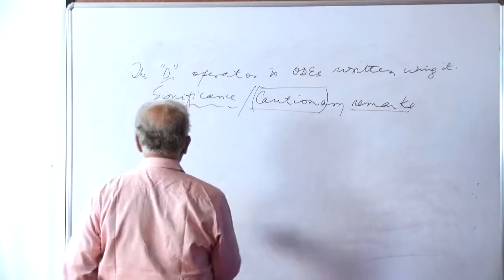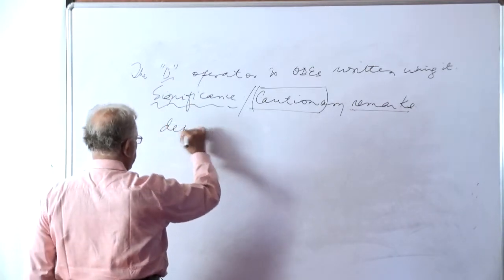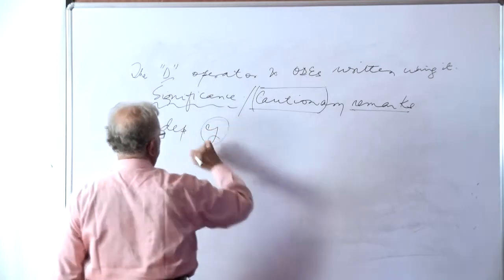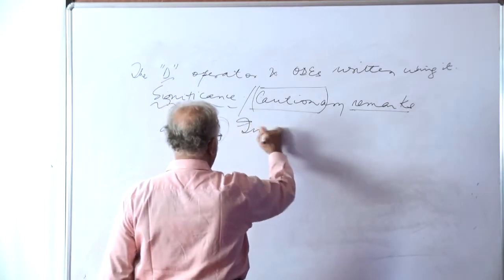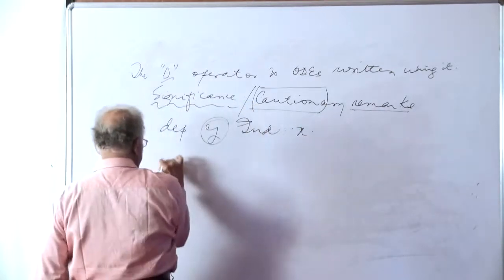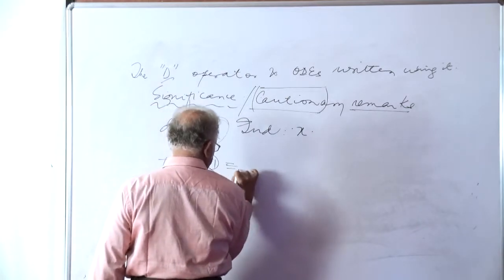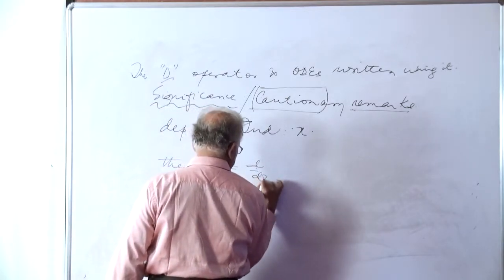So, first step is, if the dependent variable is y and the independent variable is x, then D stands for d/dx.